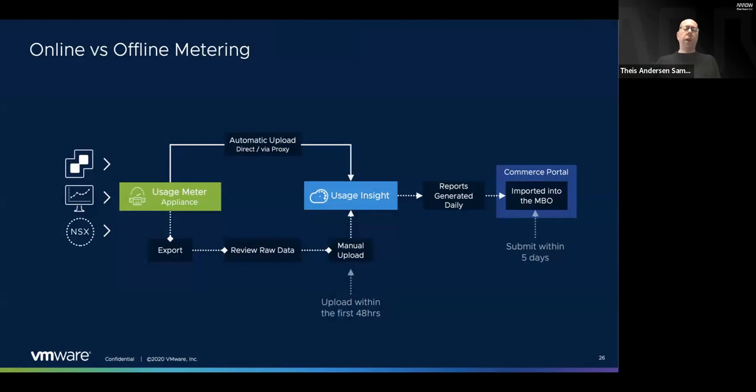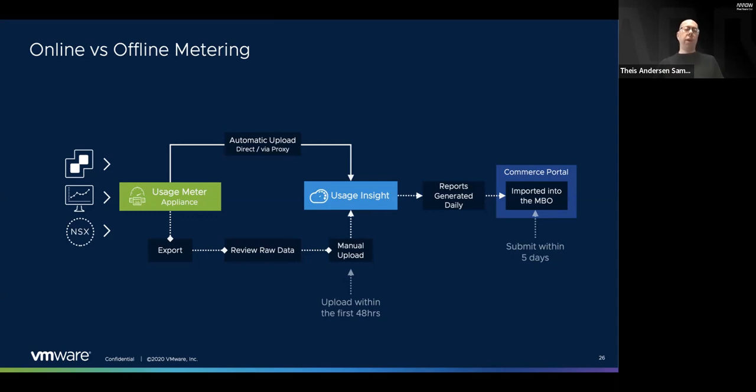Usage meter offline mode: if you have a highly secure environment or some stipulations there, you can use the cloud provider license keys to also run on-premise with a customer. For example, you can use that to make a managed service on-prem with a customer. You need to have the usage meter appliance running there. If that customer is specifically high security and the usage meter is not allowed to communicate with the outside world, then you would need to enable offline metering for that purpose.